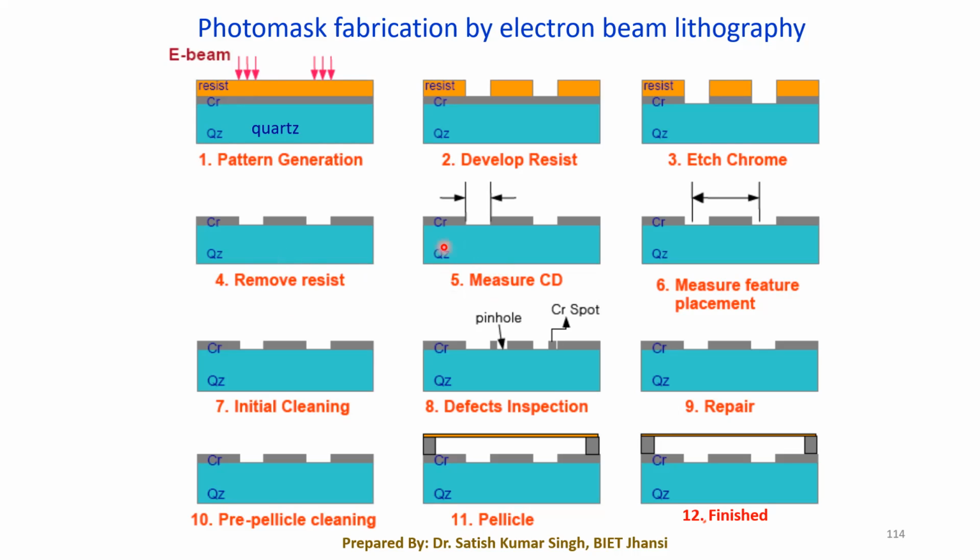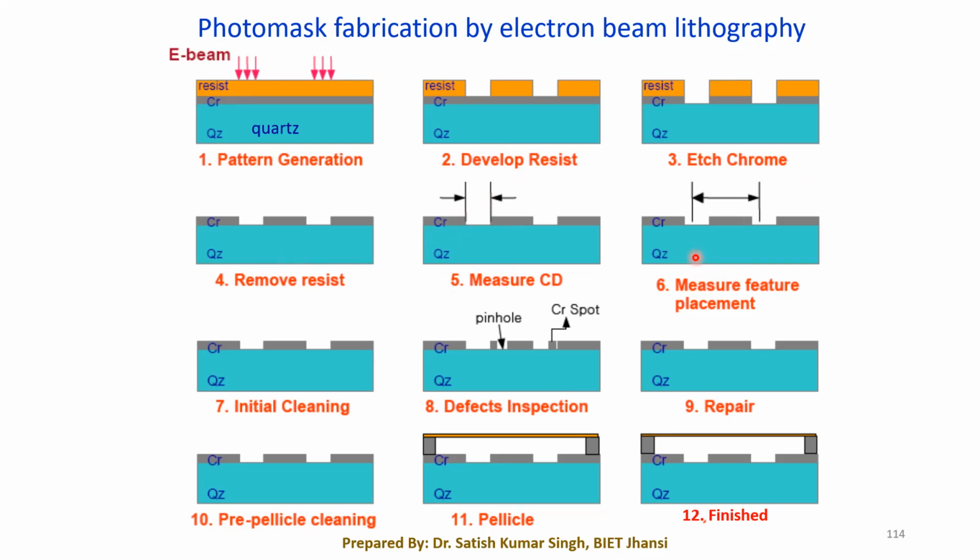These critical dimensions have to be measured, whether the thickness of this layer or the minimum feature size is achieved or not. Once we do the measurements, we have to satisfy ourselves whether the properties have been met or not.